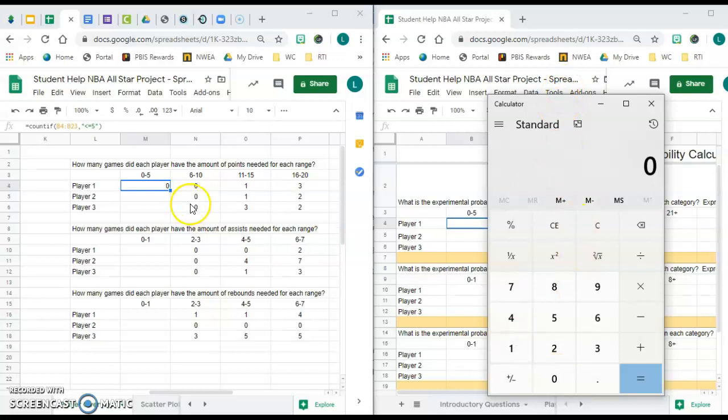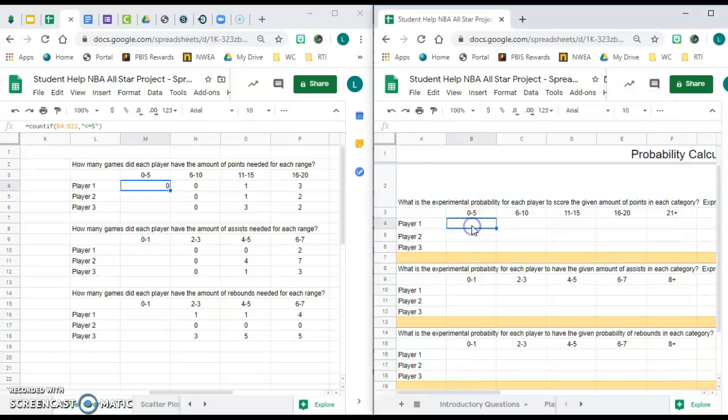And so we found that player 1 had 0 games where he scored 0 to 5 points. So we're going to do 0 divided by 20, and we get 0, obviously. And it automatically turns it into a percent. So 0% of the time, player 1 is going to have scored between 0 and 5 points per game.